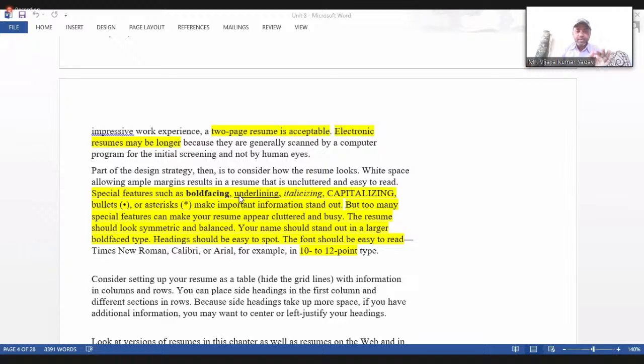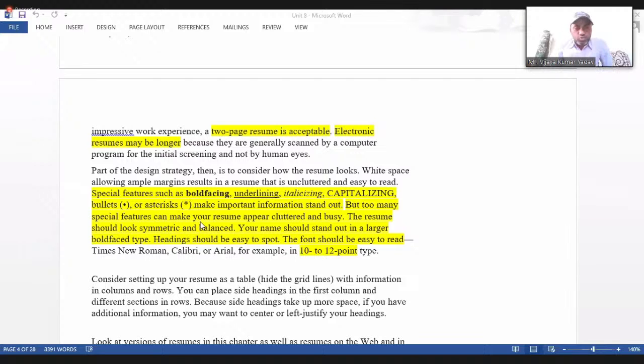You can take help of boldface, underlining, italicize. You can capitalize. You can use bullets for the lists or asterisks. By using these features, you can make the information look important.